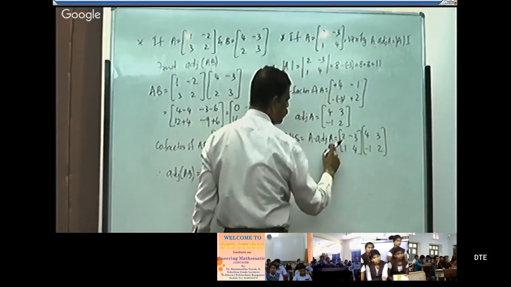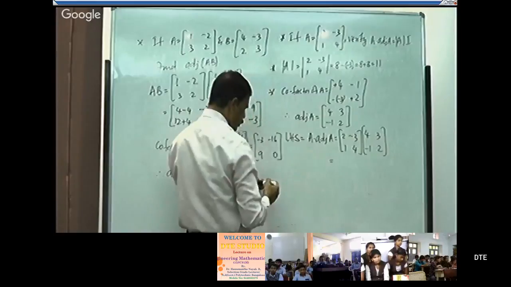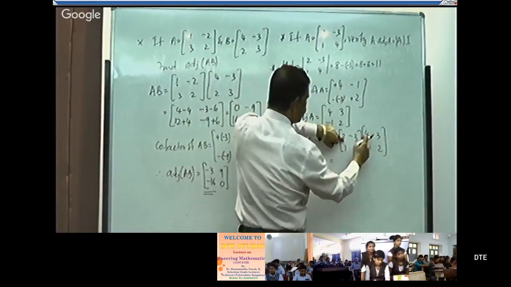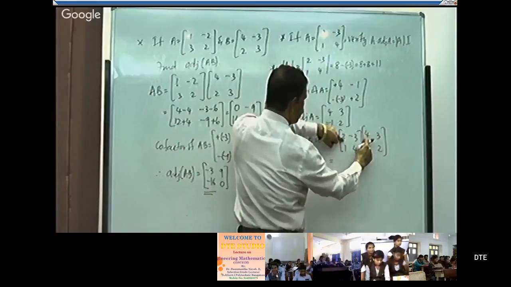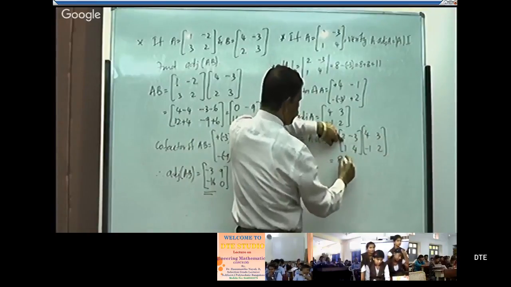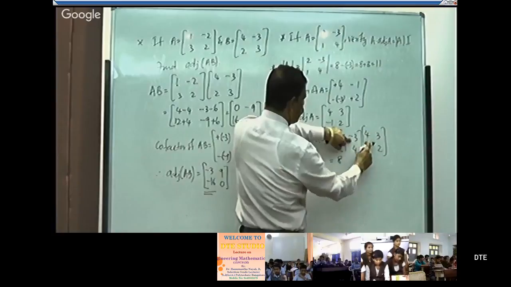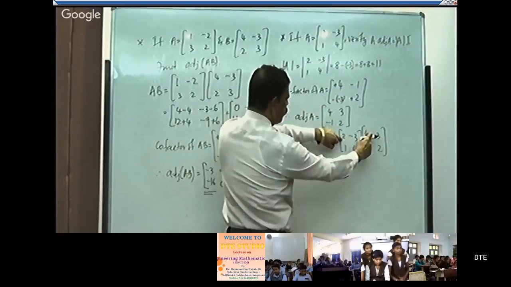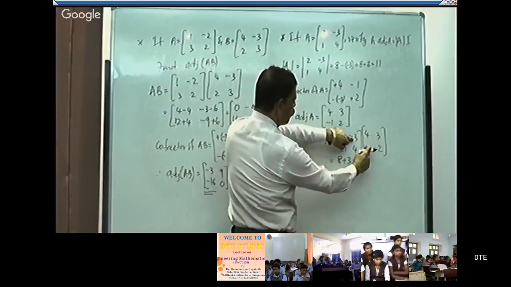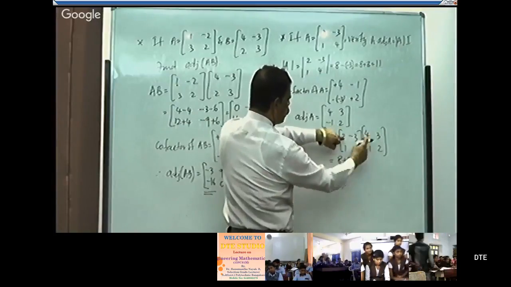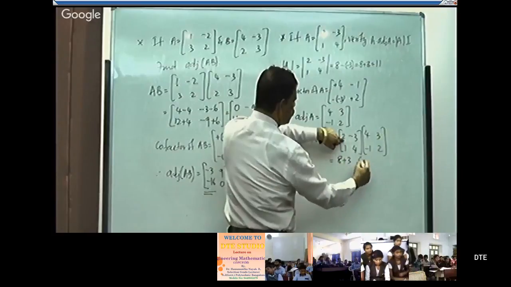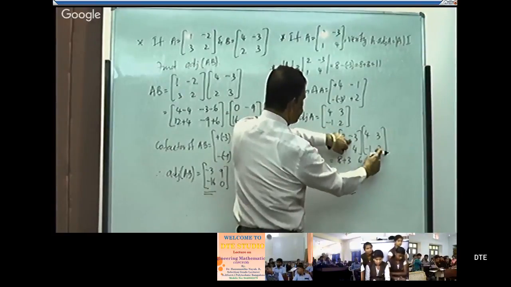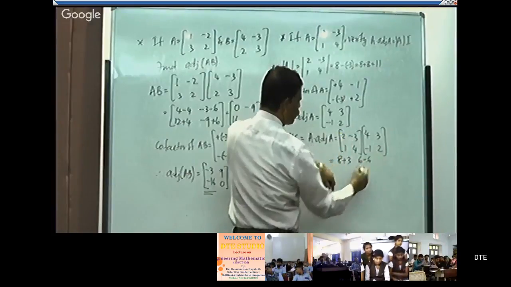Now, take the product. What is product? Multiplying rows into column. First row, first column: 2 into 4, 8, plus -3 into -1, plus 3. First row, second column: 2 3s are 6, plus -3 into 2 is -6.